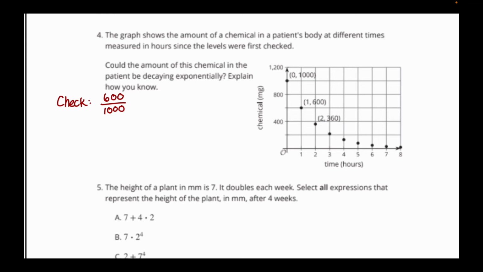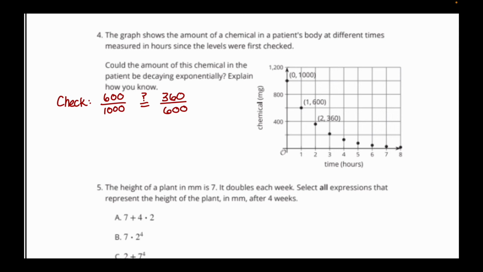And then I want to know, is that equal to, and when you put a little question mark above it, it means you're checking. I'm not just making that up. That is a mathematical symbol that you may have seen before. We're going to check if that's the same as hour 2 divided by hour 1. So 360 divided by 600.